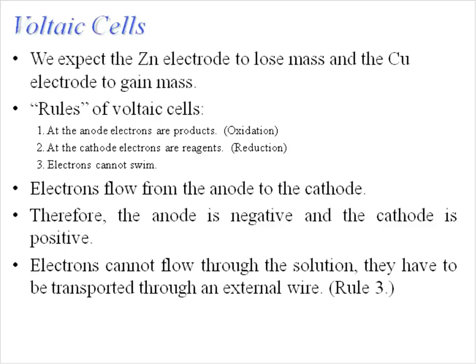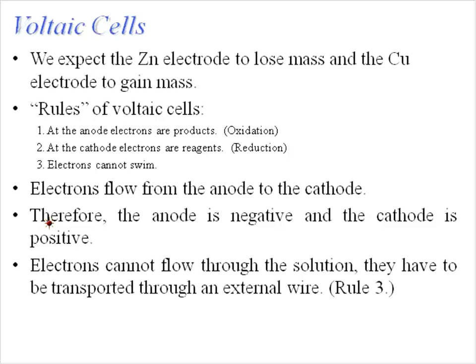Now, the points that I have already covered, I'm not repeating them. Focus on this point. Anode is negative and cathode is positive. Sometimes initially students have this little problem in digesting it.